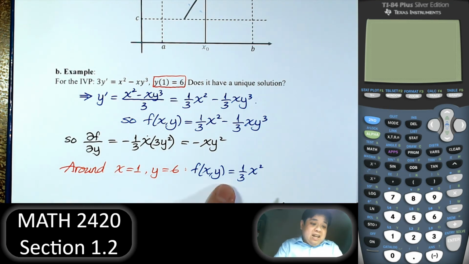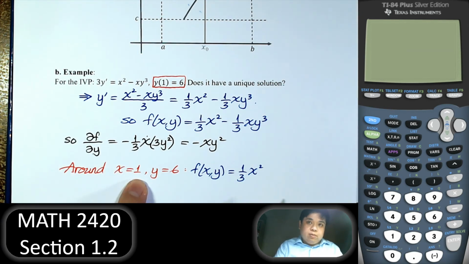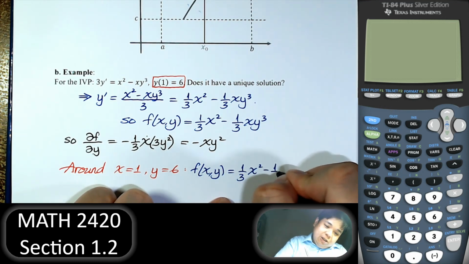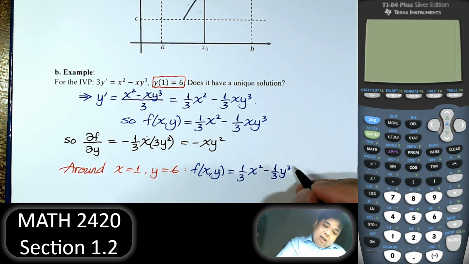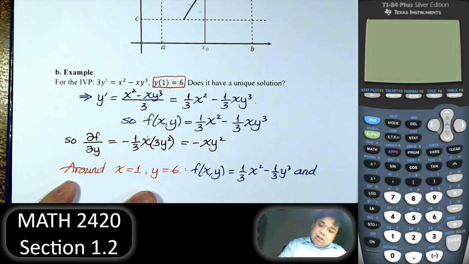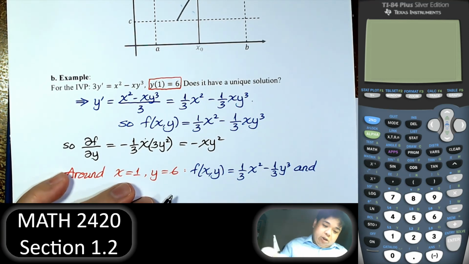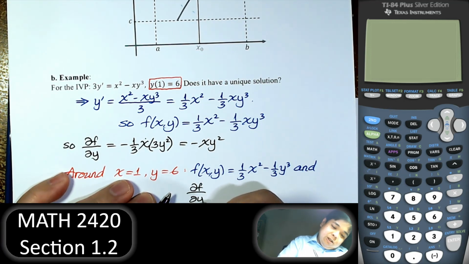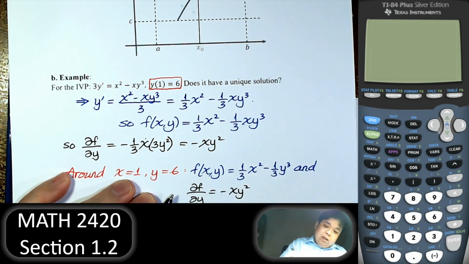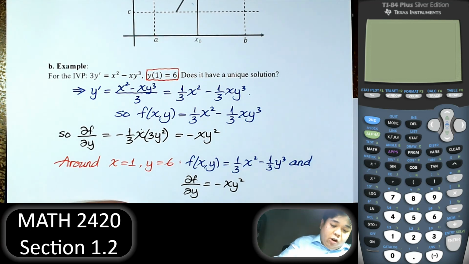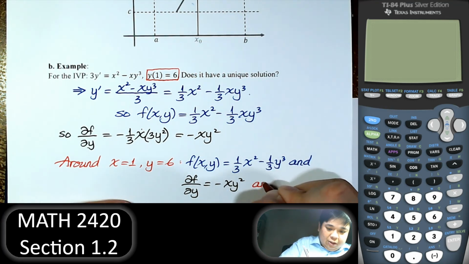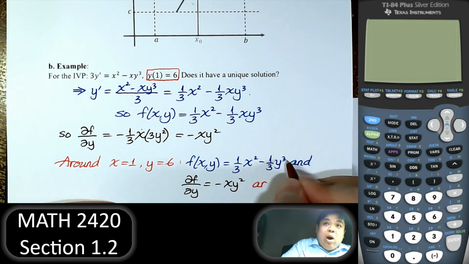Instead of writing that out, I say around that point, this function and the partial derivative with respect to y, those two functions are continuous. In fact, they are continuous everywhere because x and y can be any values. The function is still defined and continuous.